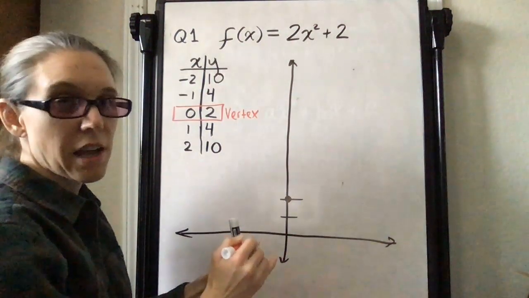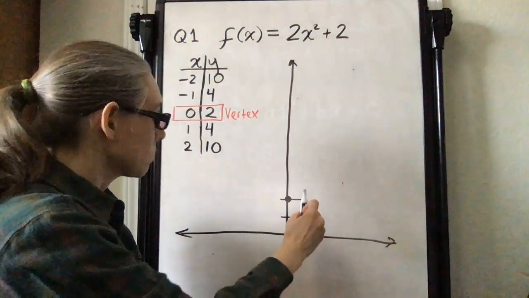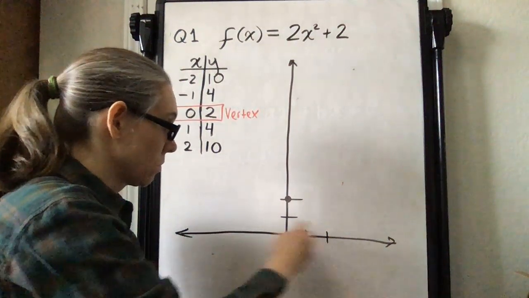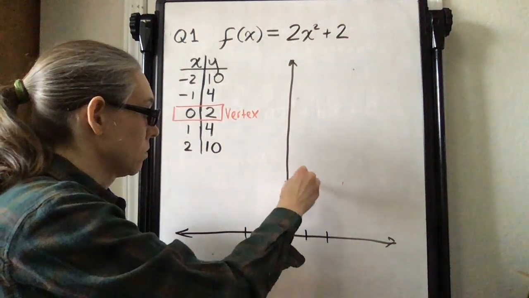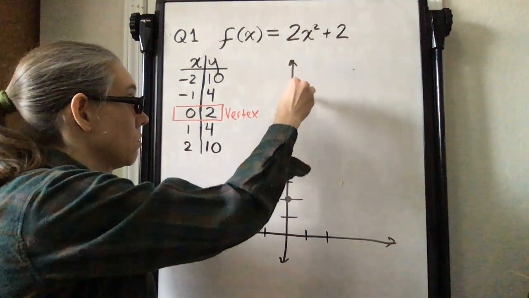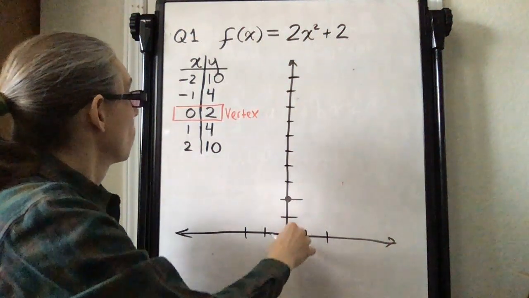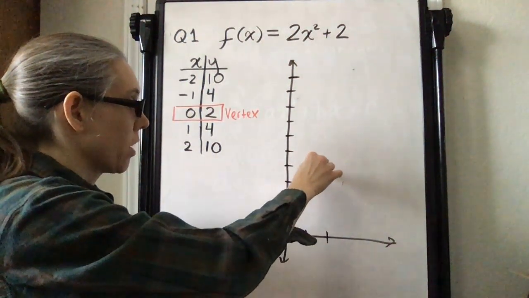So you graph the vertex first, and then you graph one other point. If you graph one other point here, you could just graph 4.